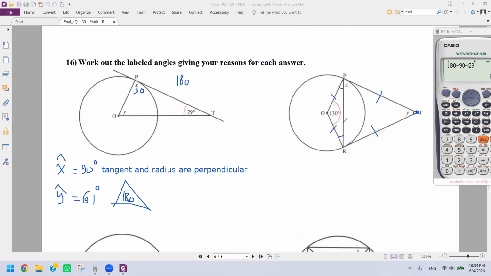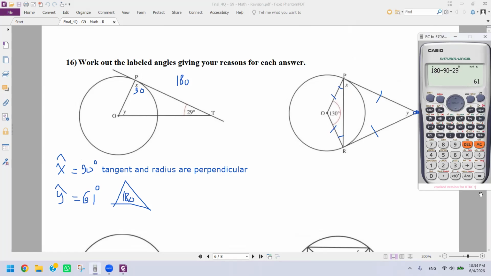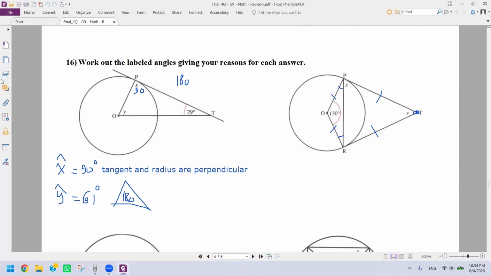So now how can I find these two angles? I do 180 minus 130. So I will get the sum of both of them. If I divide it by 2, I will get each one of them 25. So we say this is 25 and this is 25. Now look, tangent line and radius, it's a 90 degree, right? So how do I find X?